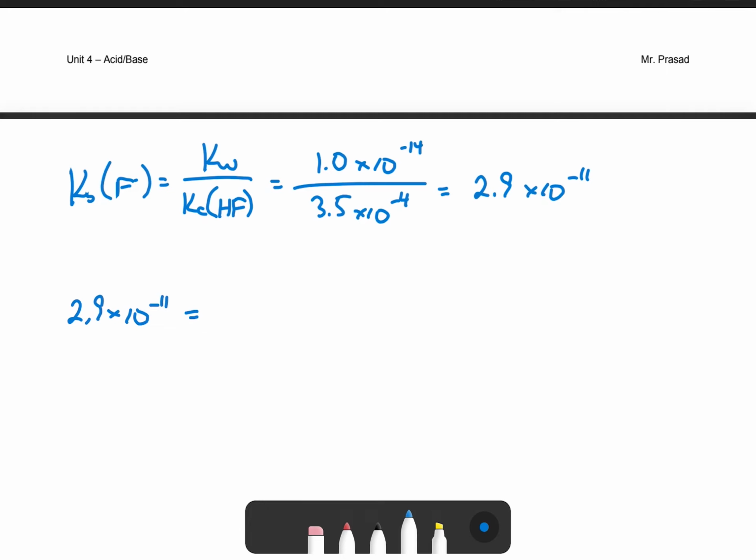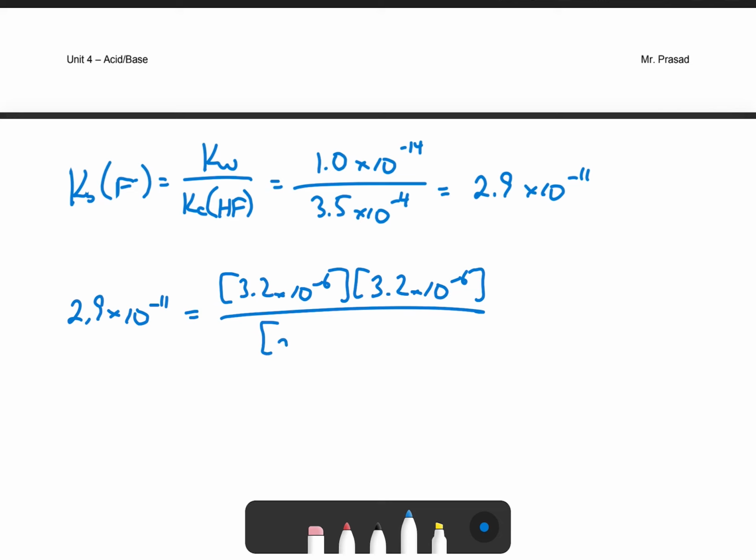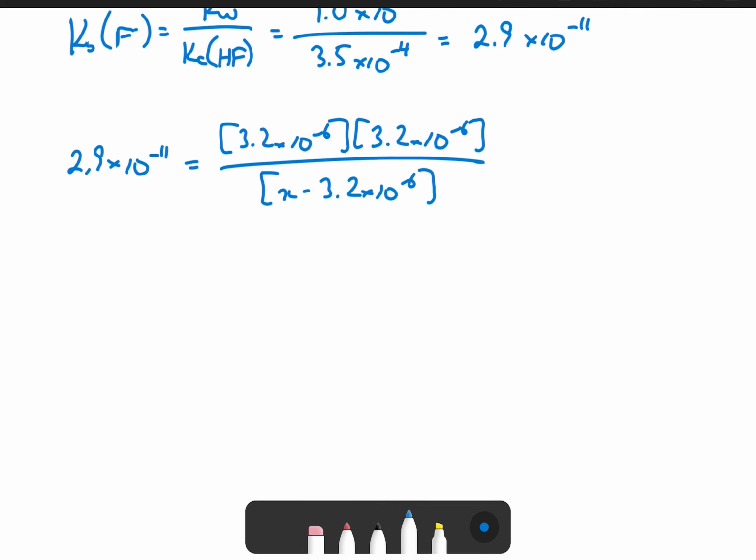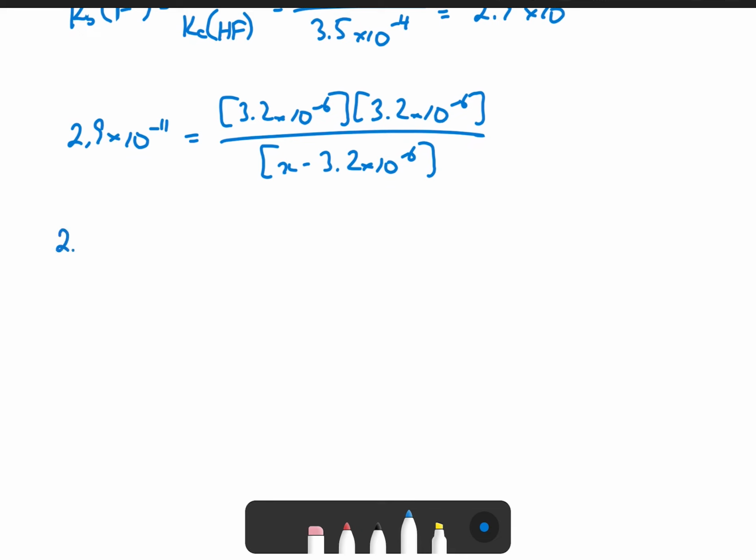Now let's substitute everything into our Kb expression. 2.9 times 10 to the negative 11 is equal to 3.2 times 10 to the negative 6, 3.2 times 10 to the negative 6, over x minus 3.2 times 10 to the negative 6. And now we have a mathematical expression where we can go ahead and solve for x.